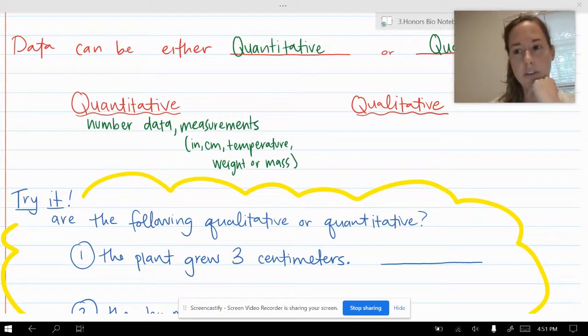So usually if it includes a number, it's probably a quantitative data measurement. And that's most typically what you'll see in tables and graphs.